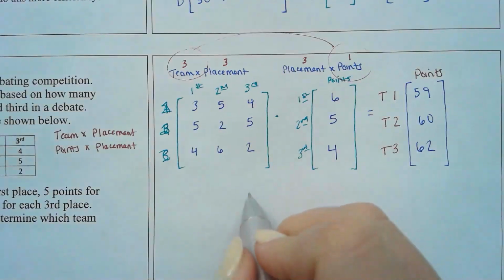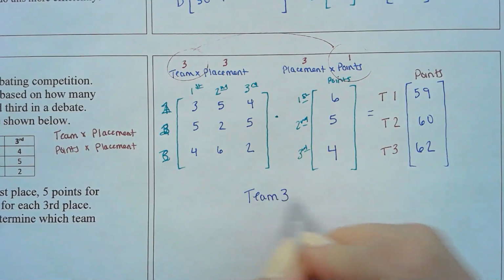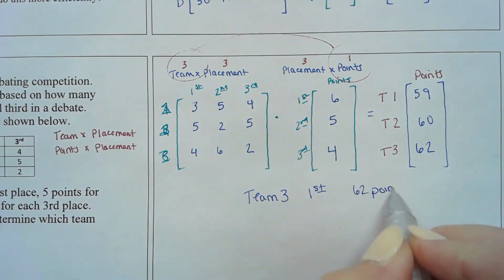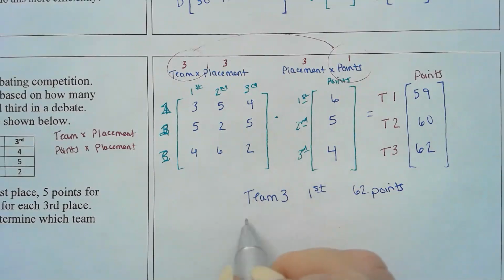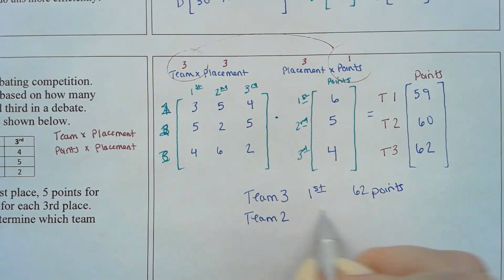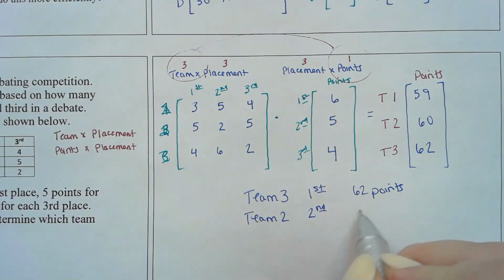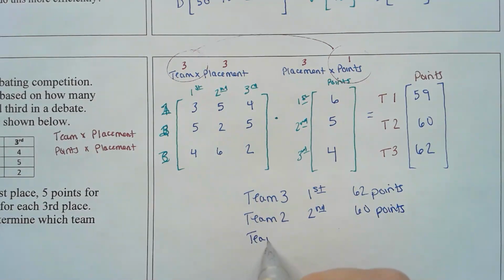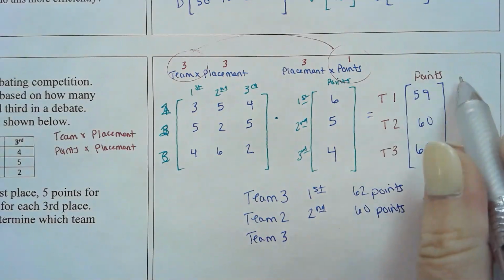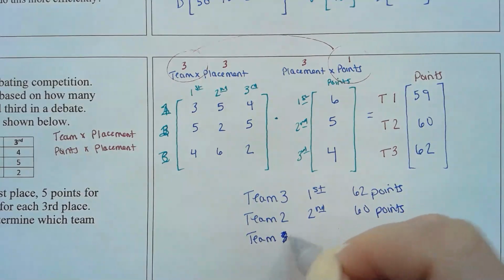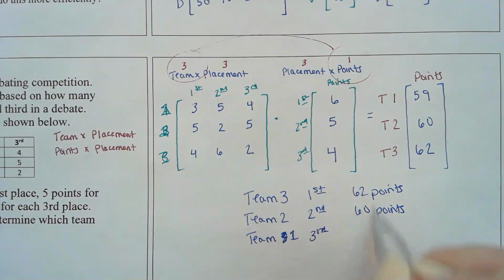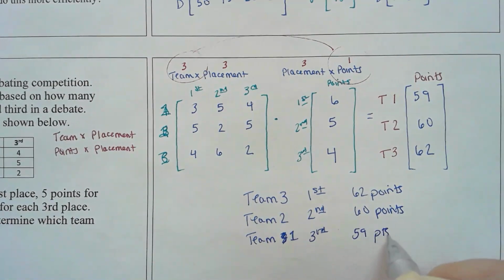Well, let's see. Team 3 with 62 points came in first place. Team 2, I should have better names for these, came in second place with 60 points. And Team 1 came in third place with 59 points.